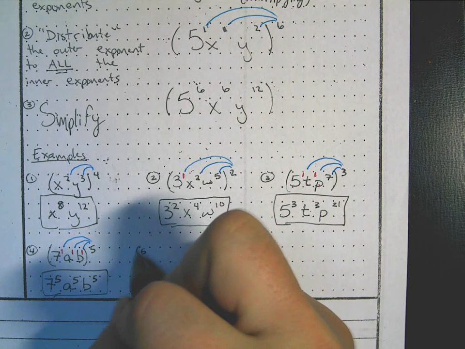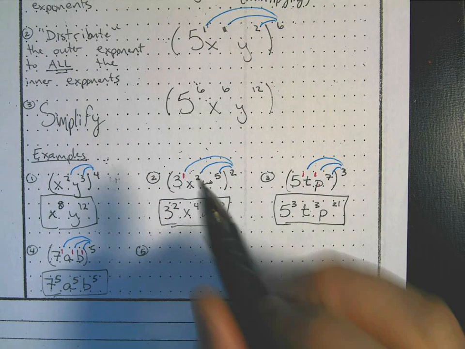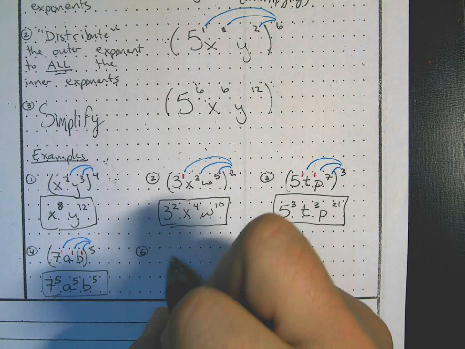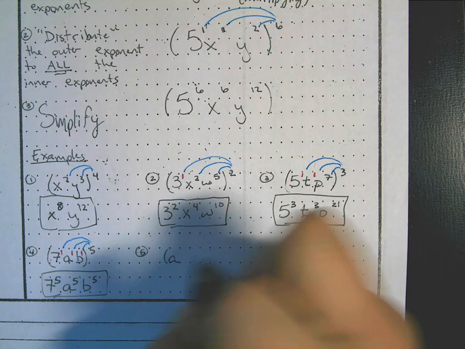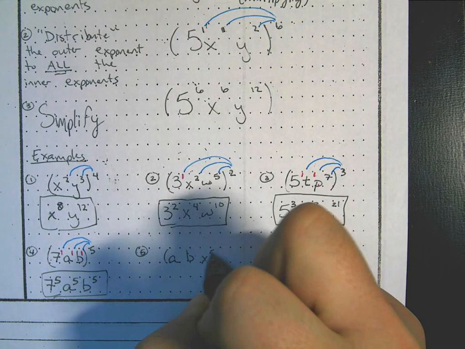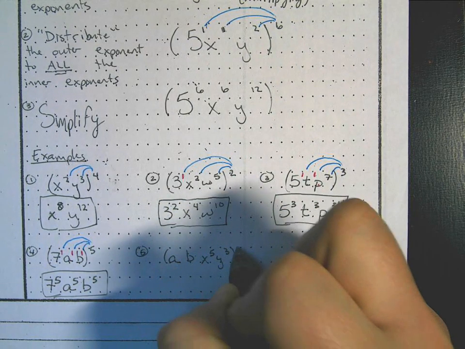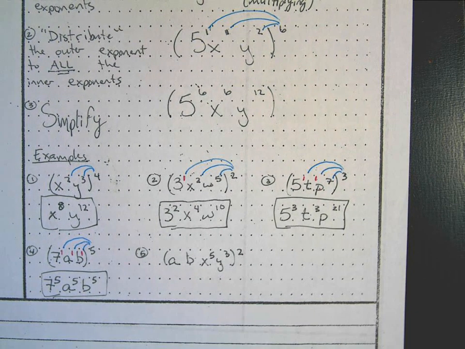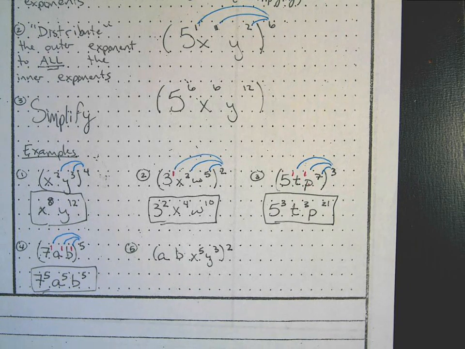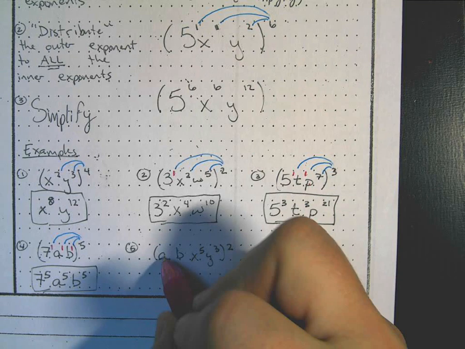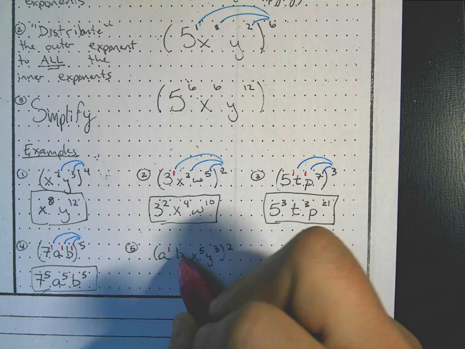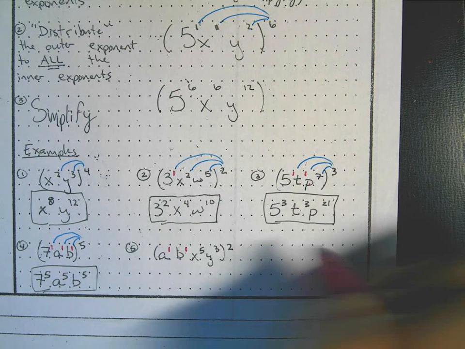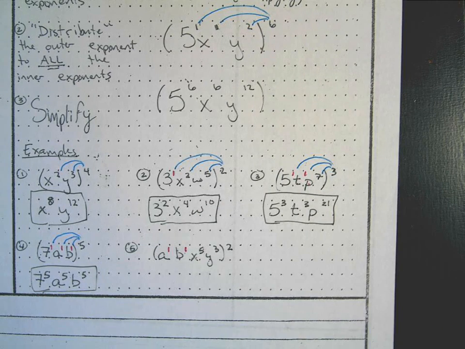Let's do a couple more, and then we're done. So let's try a, b, x to the 5th, y cubed, all to the 2nd power. So anything that does not have an exponent gets the hidden 1: a to the 1, b to the 1, x to the 5th, y to the 3rd. Then we're squaring.